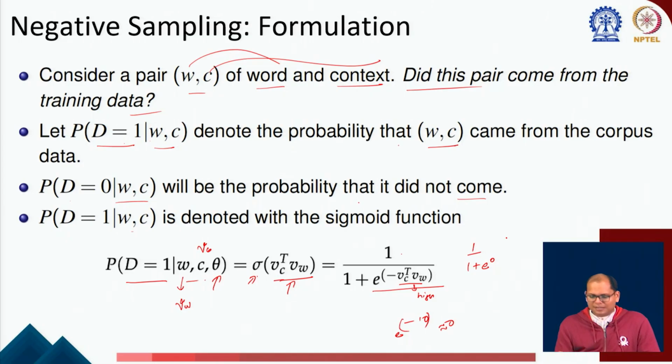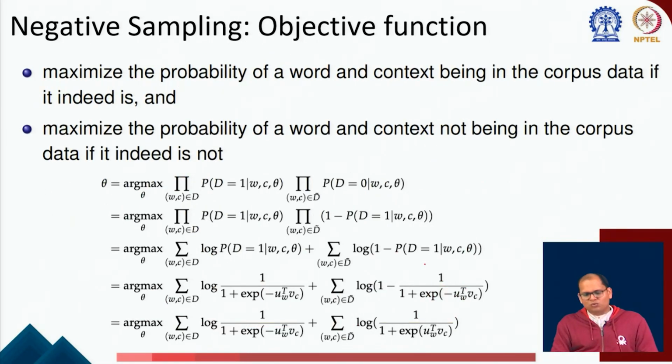If they are coming from corpus data, I would like this embedding similarity to be high. So this is what I want to maximize: the probability of a word in a context being in the corpus data if it indeed is, and the probability of a word in context not being in the data if it is not.